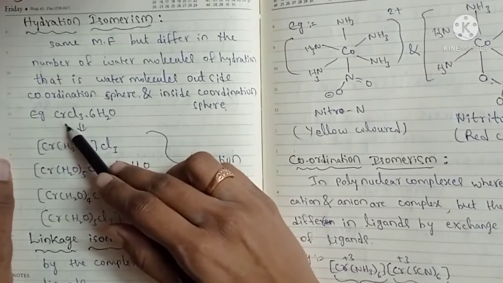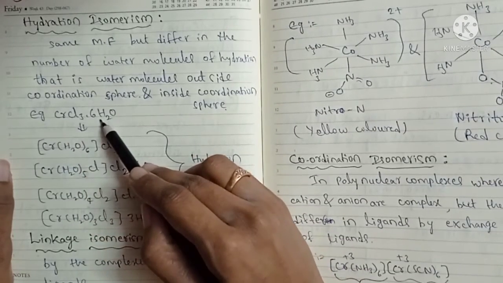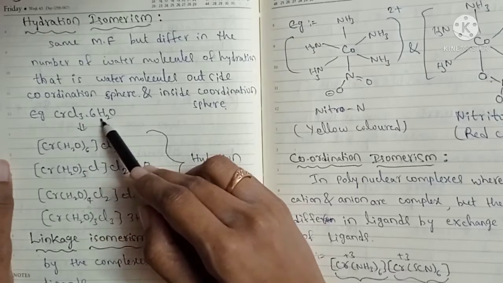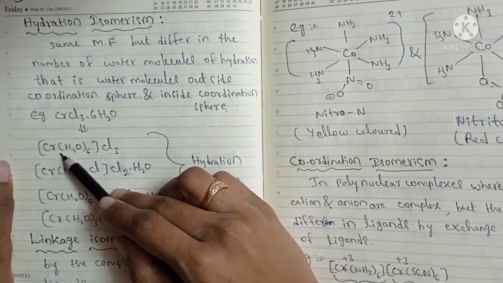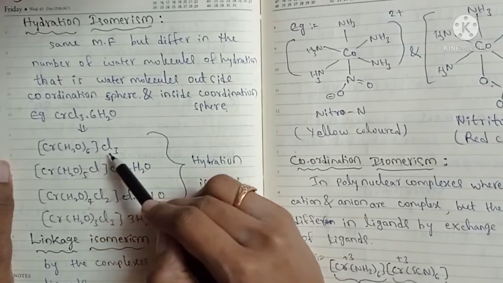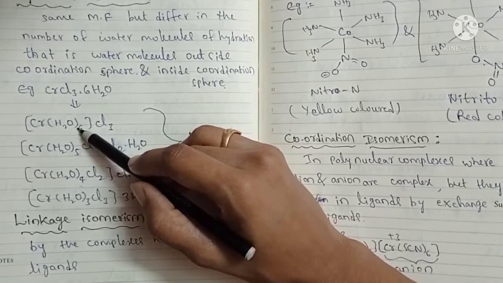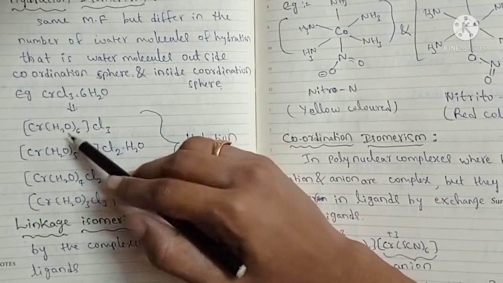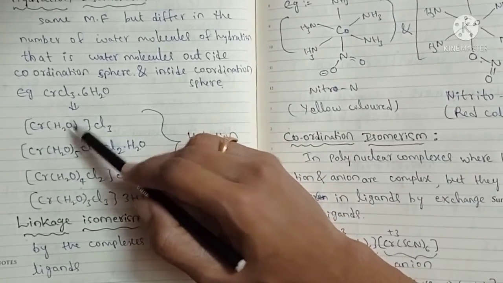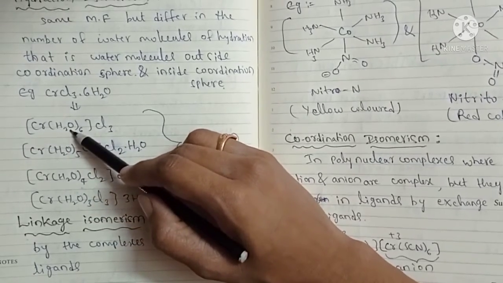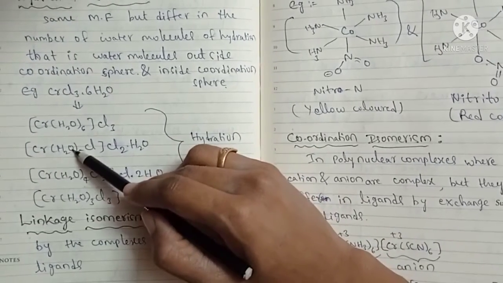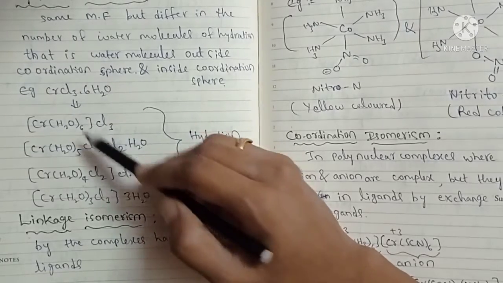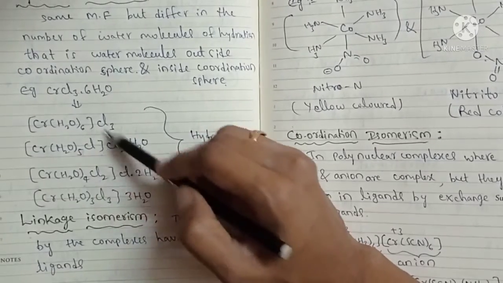Let us see an example. CrCl3·6H2O, we can write different isomers for this complex. So [Cr(H2O)6]Cl3. Here there are 6 water molecules, all inside the sphere. But for this same formula, we can write many hydration isomers.